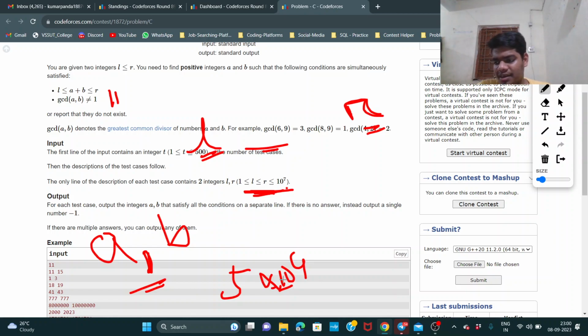Another thing is, even if you are able to traverse the whole array, how are you going to calculate it?